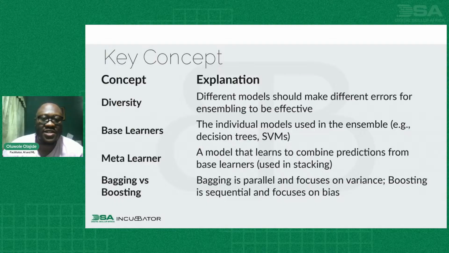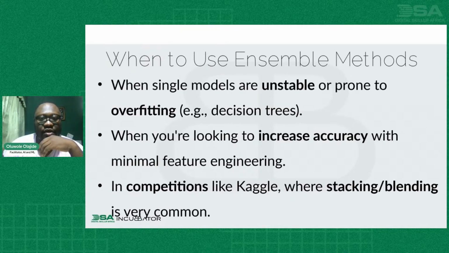Then we have some key concepts I spoke about. You have what is diversity, what is a base learner, what is a meta learner, and what's the difference between bagging and boosting. You might need to go back and look at these things also. Then when do you use your ensemble method? When single models are unstable or prone to overfitting. Yes, you should have tested first, because that's one thing with building a model.